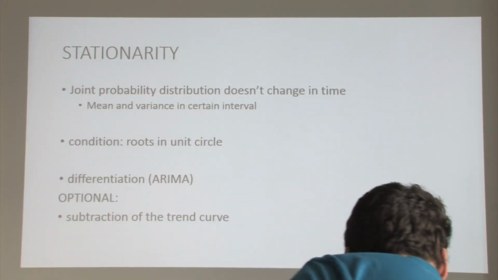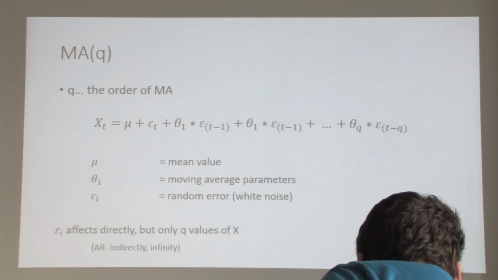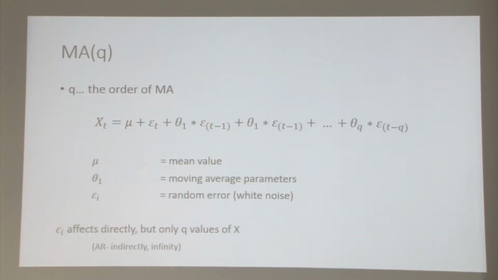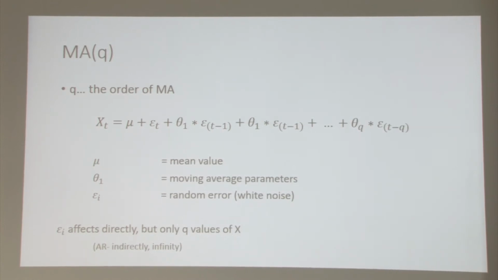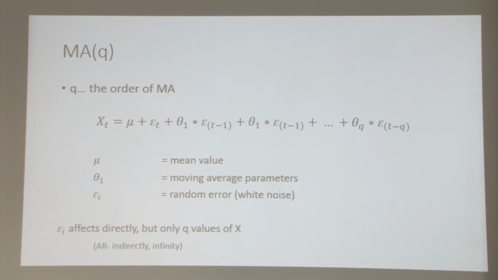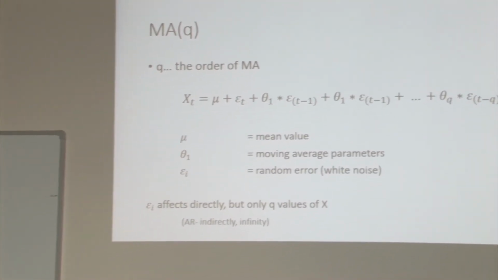I didn't have the MA. Oh, here. Sorry. Moving average filter. It's another approach. The previous one was that the data is based on the previous values, and moving average calculates the data from the error part, from previous errors.